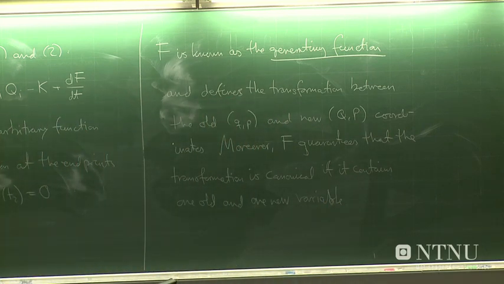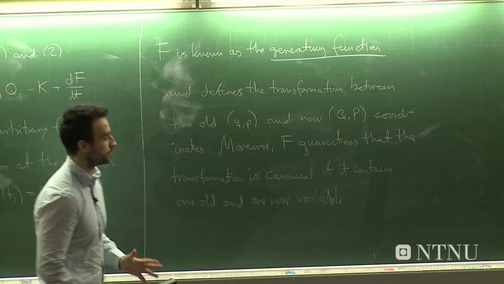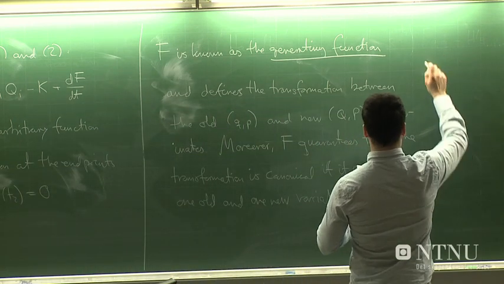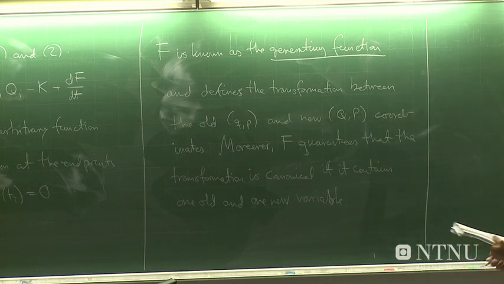And that is that as long as f is a function of one of the old and one of the new variables, it's going to ensure that the transformation is precisely what we desire. It's canonical. So let's see how this works.